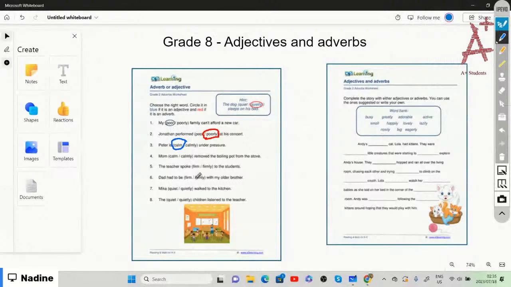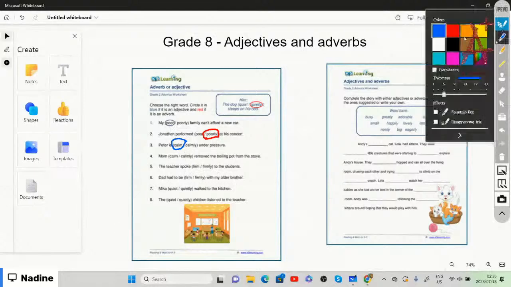Mom calm or calmly removed the boiling pot from the stove. Removed is a word that is being described or modified. So we can say, you're going to choose red, and we're going to say Mom calmly removed the boiling pot from the stove.